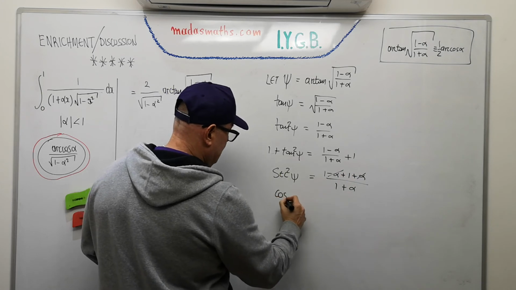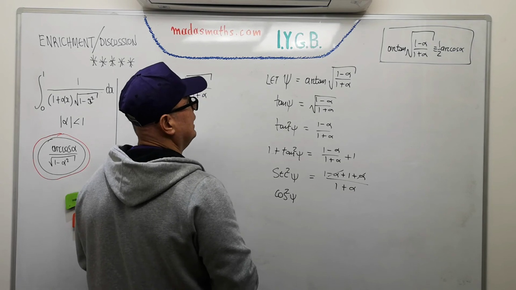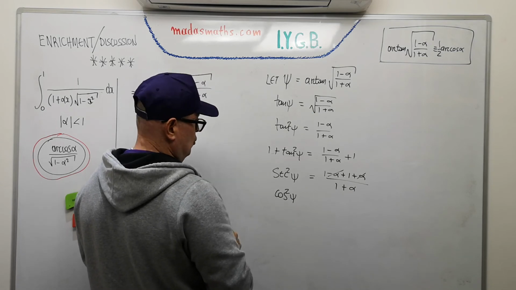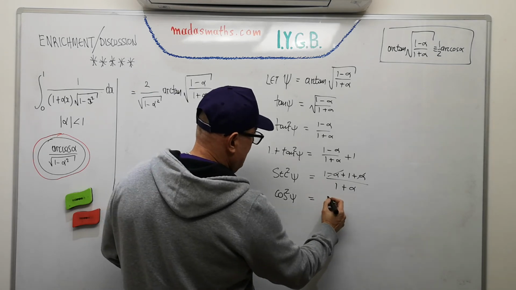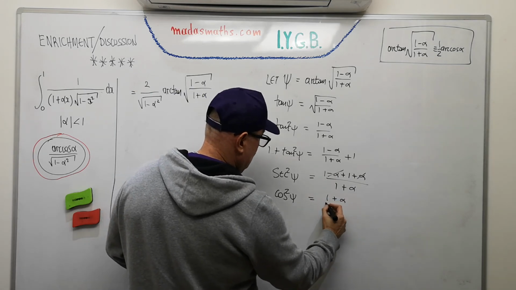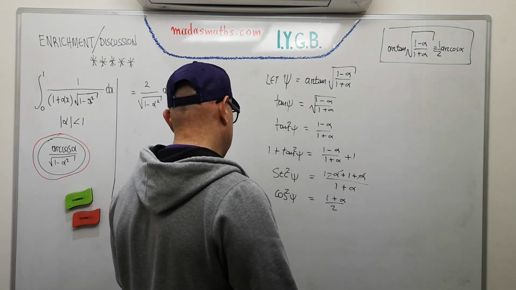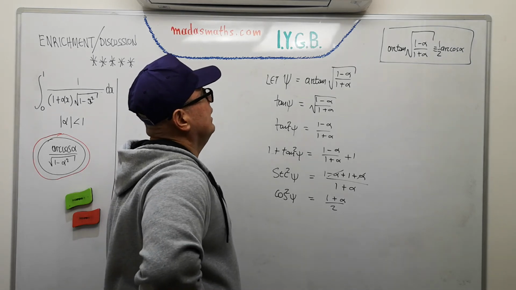So cos squared of psi is equal to, I'll turn it upside down, so it's going to be 1 plus alpha over 2. I don't want to square root because this is going to be a pain. That will never give me that answer.